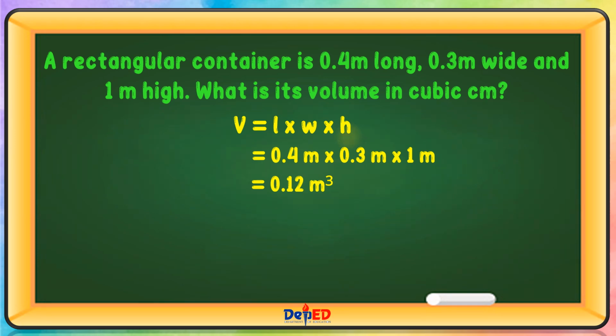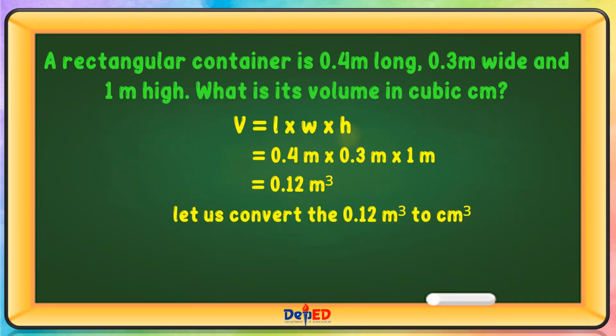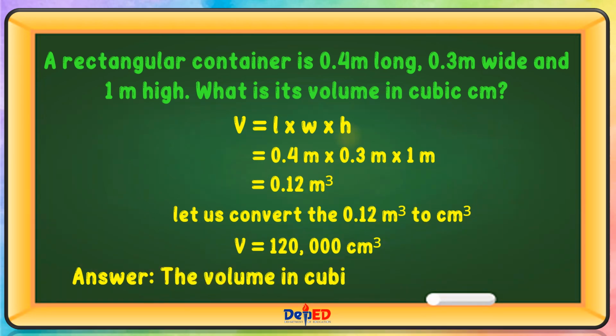Since we are looking for a volume in cubic centimeters, let us convert the 0.12 cubic meters to cubic centimeters. Answer: the volume in cubic centimeters is 120,000 cubic centimeters.